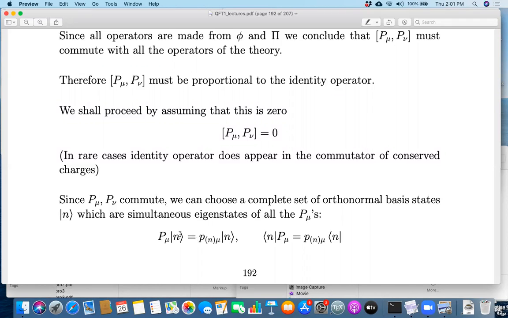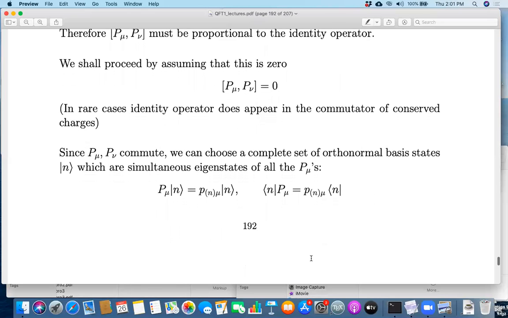We don't even know a priori whether the states have a particle interpretation or not. We have not assumed anything about these except the conservation laws. From these general arguments, we conclude that we can characterize the states by their P mu eigenvalues, which I'll call the momentum of the state. Any question?